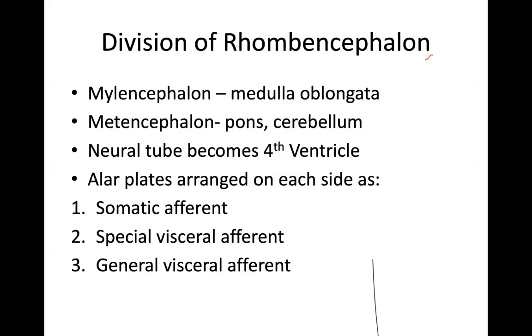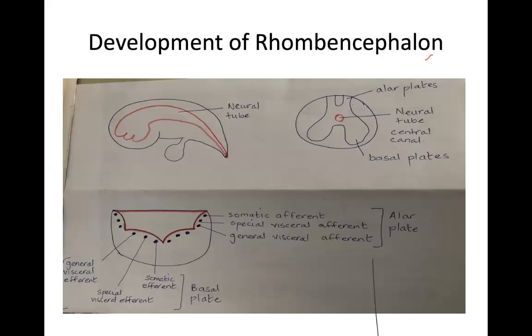The hindbrain is known as the rhombencephalon, and we discussed yesterday that it is further divided into two parts: a myelencephalon, which is the medulla oblongata, and a metencephalon, which is the pons and cerebellum. Now, I wanted to explain to you with the help of a diagram that I've drawn.